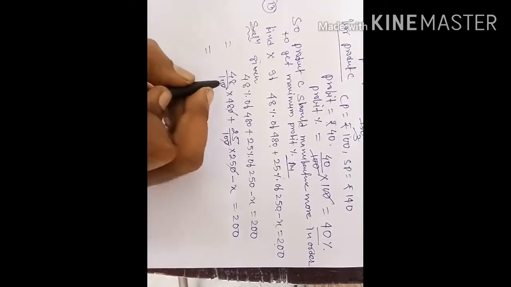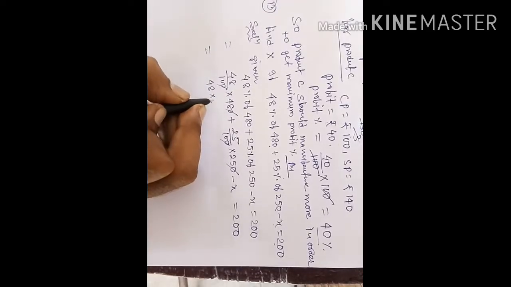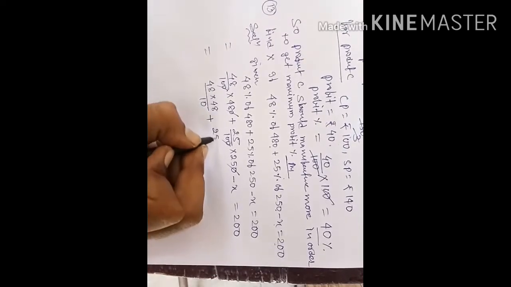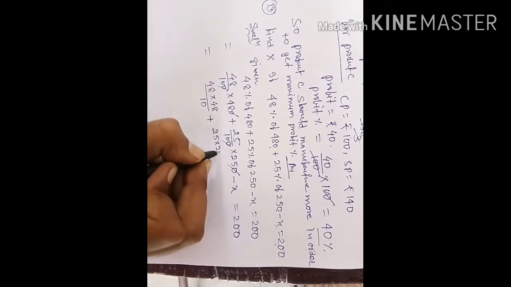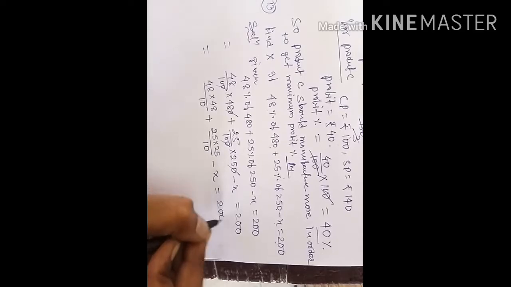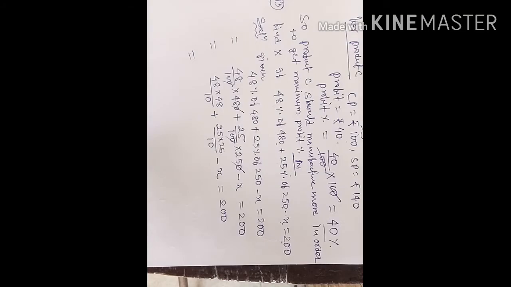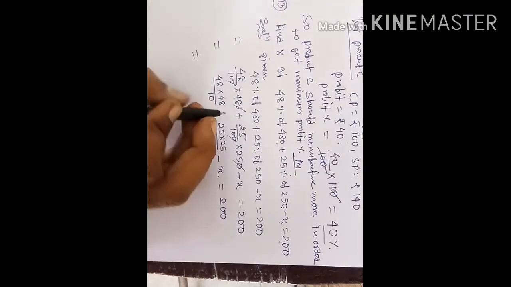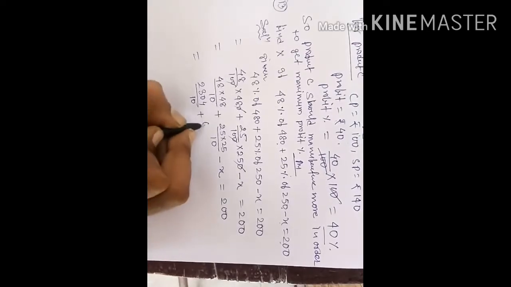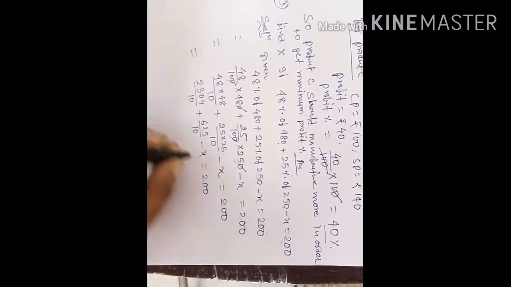So what will happen, see, 48 into 48 by 10 plus 25 into 25 by 10 minus x equal to 200. After multiplying you get 2304 by 10 plus 625 by 10 minus x is equal to rupees 200.